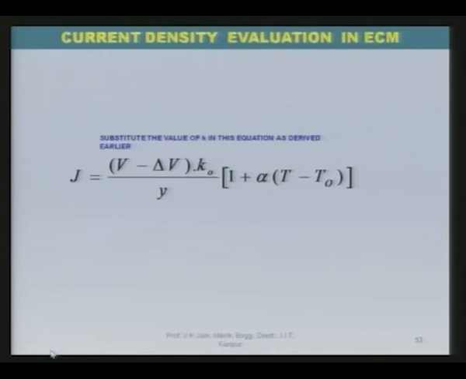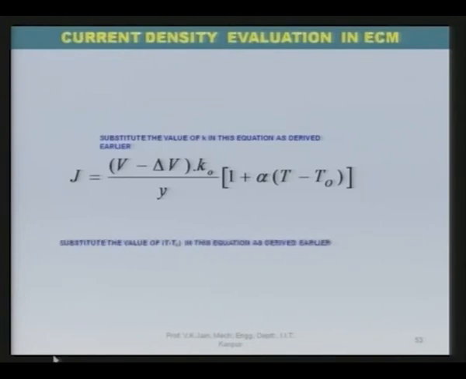Now, current density can also be evaluated by considering the variation in the electrical conductivity of the electrolyte, and this equation we can derive after substituting the value of K. It is (V minus delta V) multiplied by K0, that is the initial electrical conductivity of the electrolyte, multiplied by 1 plus alpha (T minus T0).